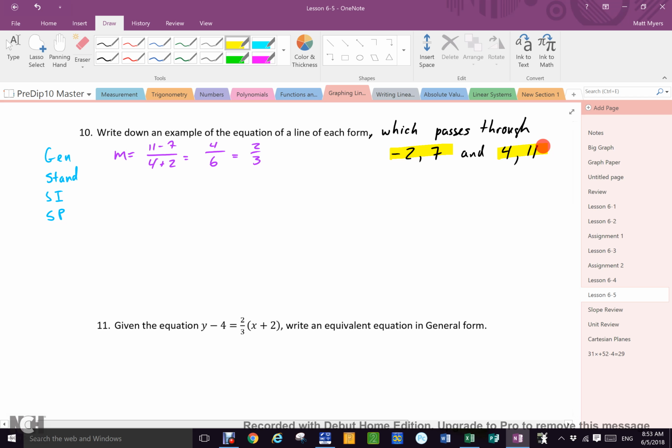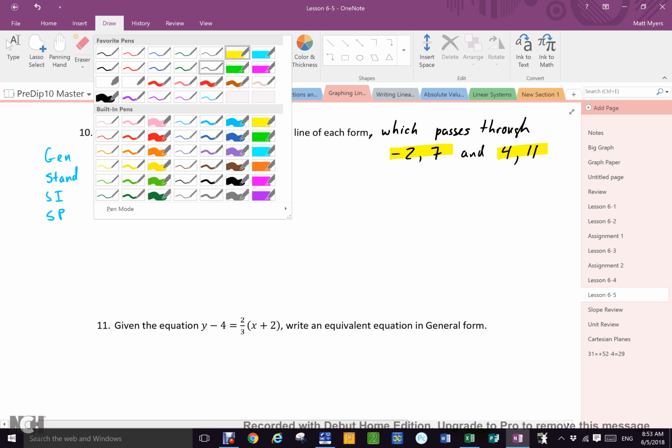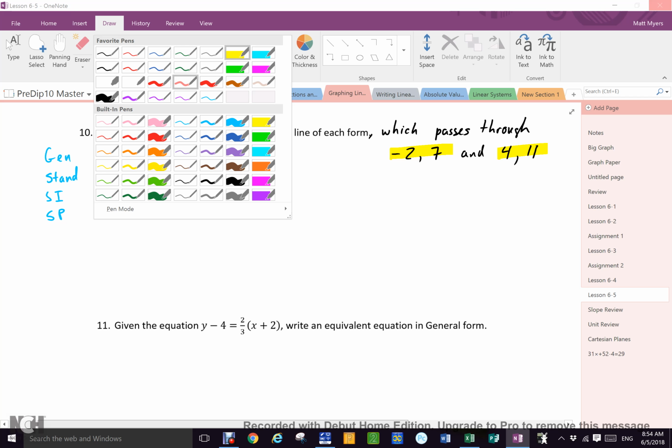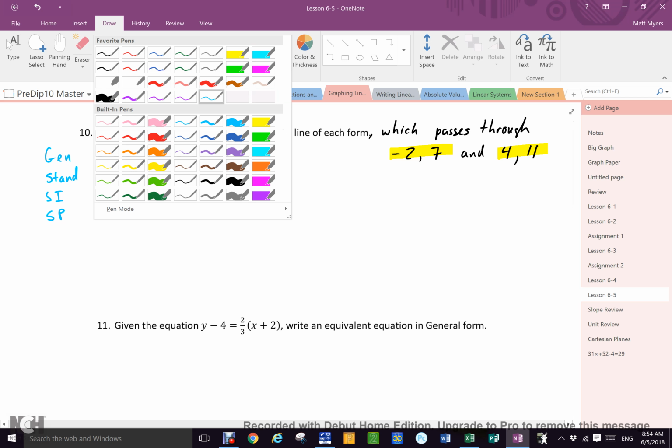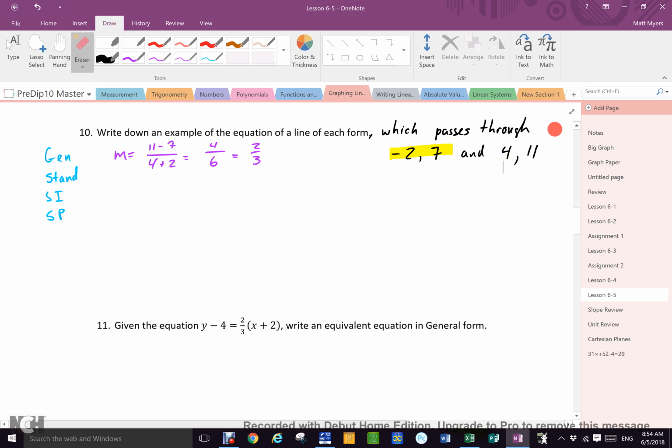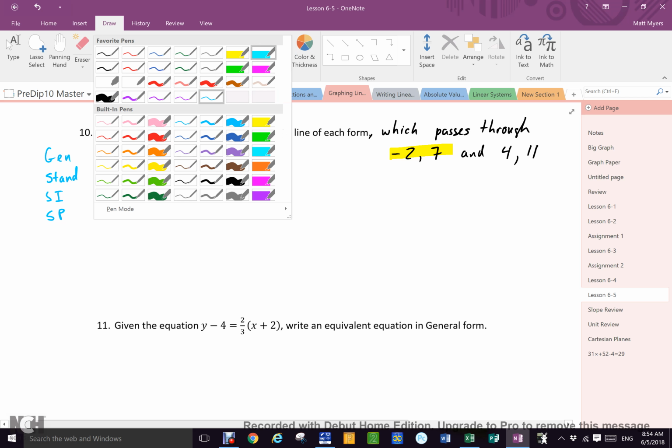I could use either one. If I use the (-2, 7), what would my point slope form be? No. Oh, because y has to be positive.